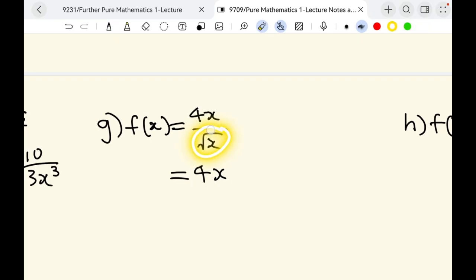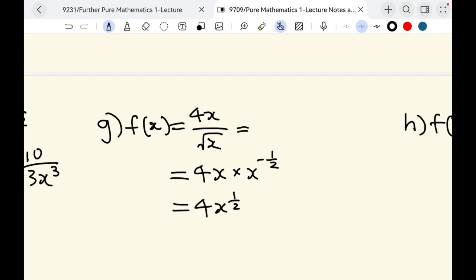It is actually 1 over x to the 1 over 2, or we can convert to times x to the power of negative 1 over 2. So this is basically 4x to the 1 over 2. Or you can rationalize, which you will get 4 square root of x. Okay, it's the same as this one.